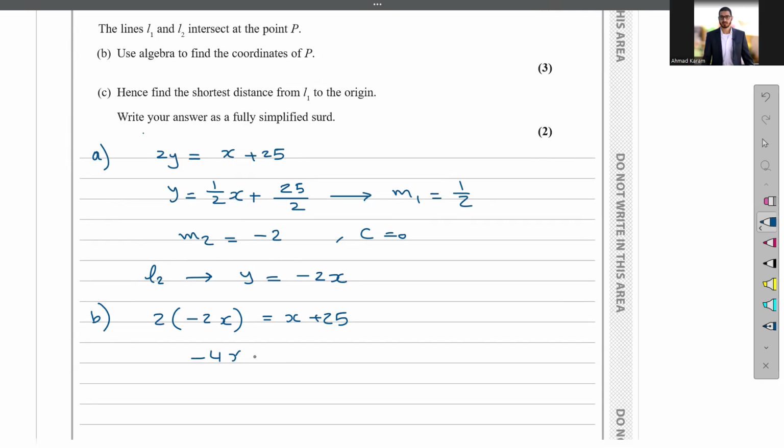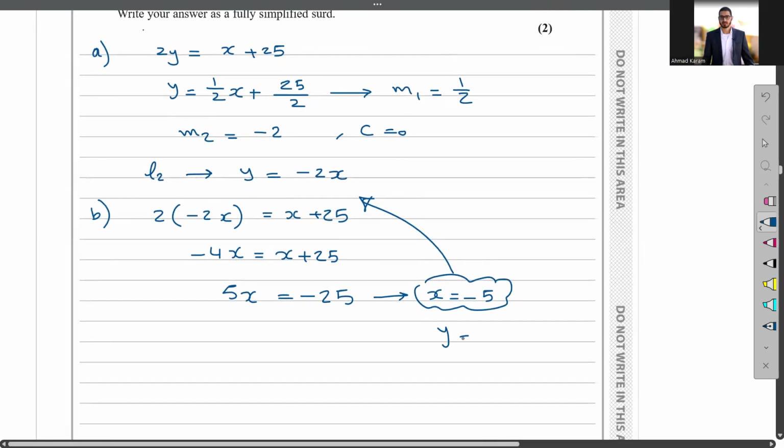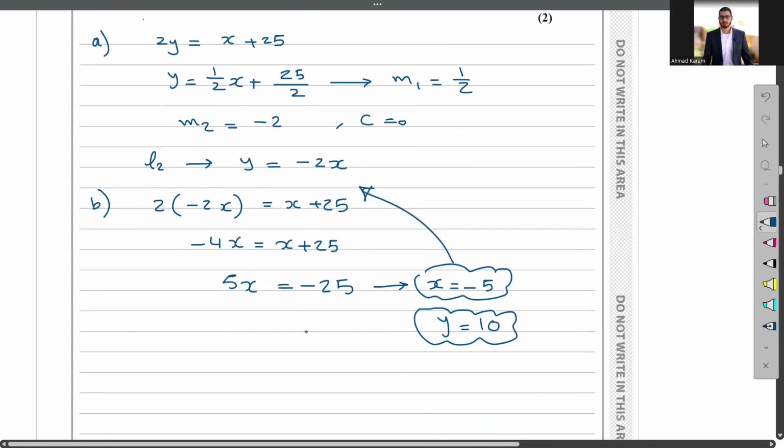So negative 4x equals x plus 25. So 5x will be equal to negative 25. So x equals negative 5. And to get y, just substitute it here. So y will be equal to 10. So here's the solution: the coordinates of P are negative 5 and 10.